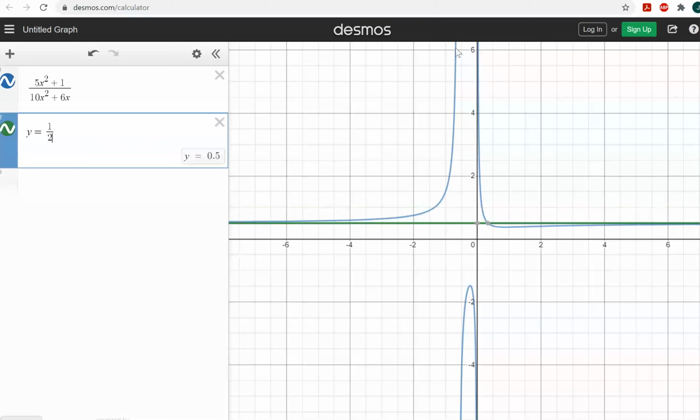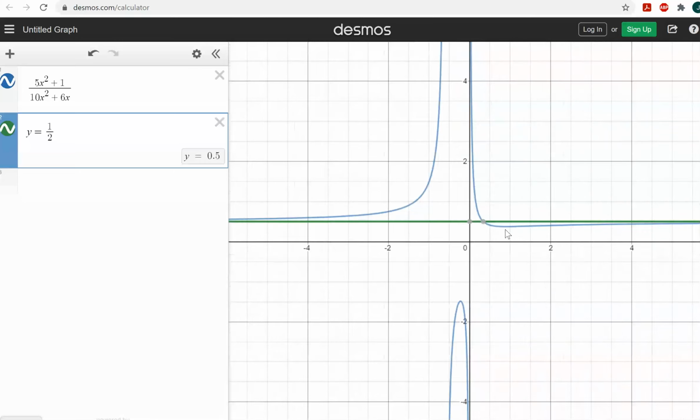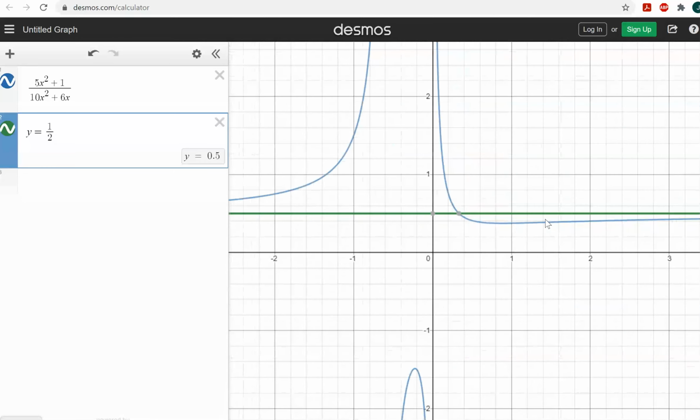Over here on the left-hand side, what I can see is I have my graph, there's some vertical asymptotes in here, but horizontally, we're getting closer and closer to that 1/2 in the long run. This parabola here just goes off to infinity, so that's not using our horizontal asymptote at all. Notice on this right-hand side here, we do cross over, but it kind of comes back.